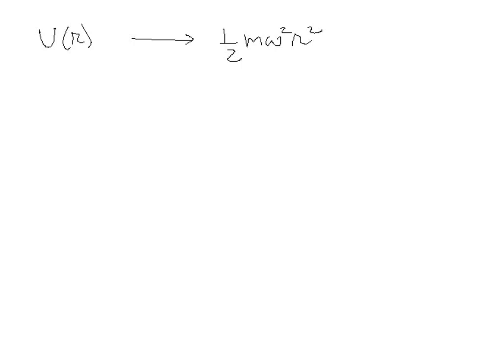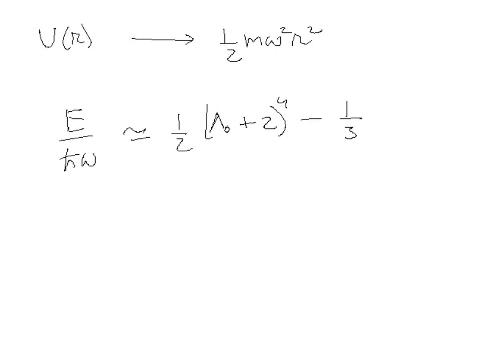And at the very end, you will also remember that we obtained this result: E by h cross omega is of the order of half delta 0 plus 2 to the power 4 minus 1 by 3 delta 0 plus 2 to the power cube, and so on and so forth.